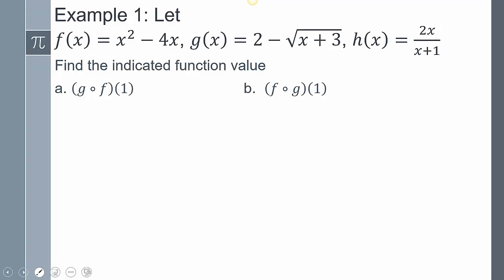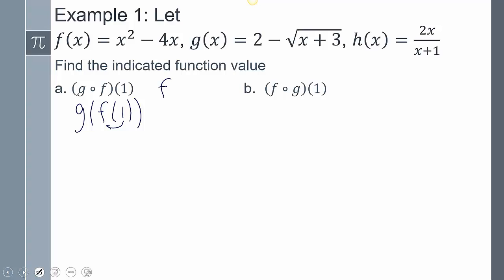So let's take a look at our first example. It says, let our f function, g function, and h function be defined as these values here. Find the indicated function value. So this is g of f of 1. What it's asking me to do is take this 1 and plug that into my f function.